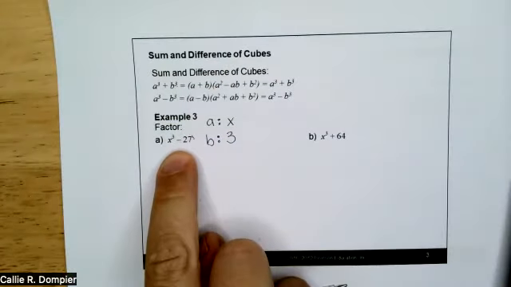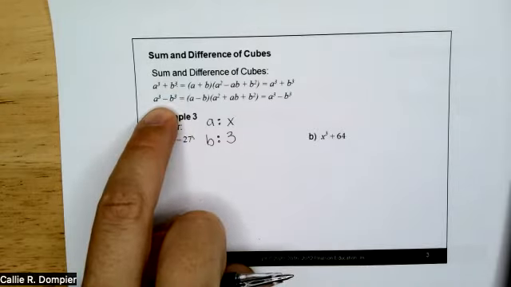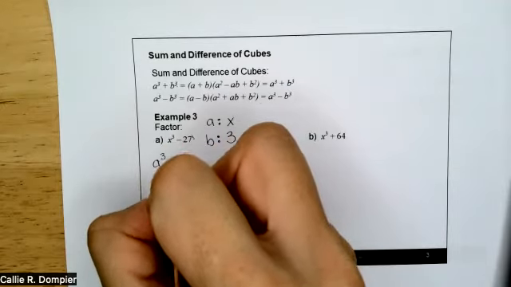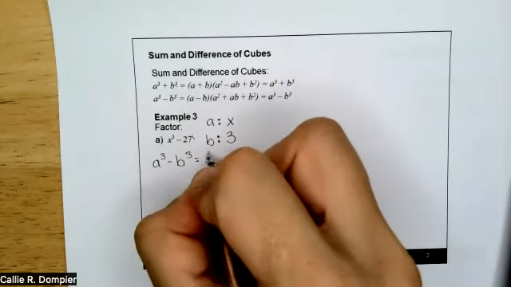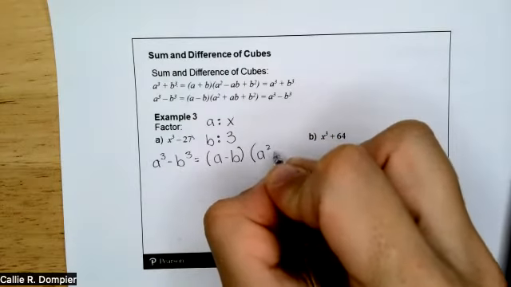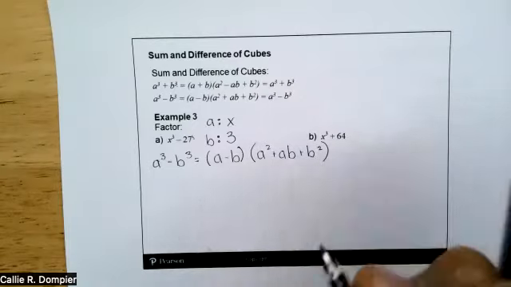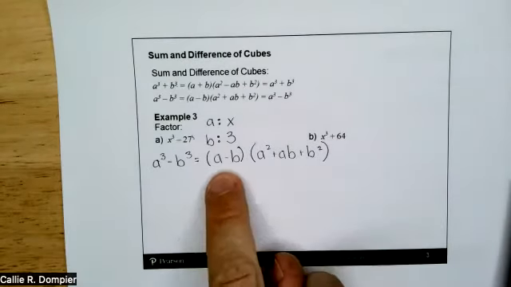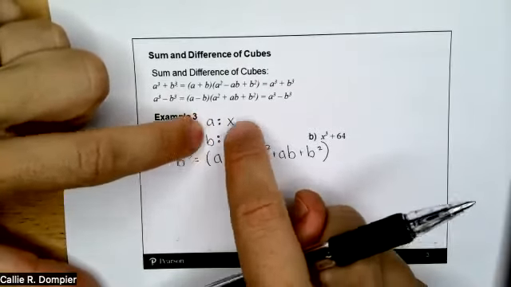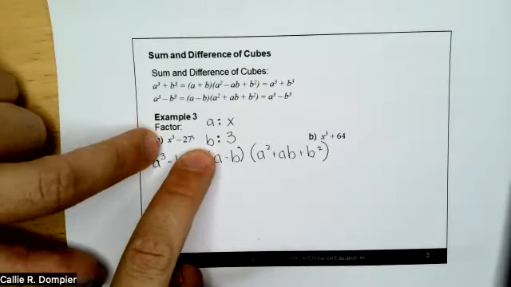And remember, it's not negative 27, it's just 27. And then you use the model with the minus sign in it. a cubed minus b cubed equals a minus b times a squared plus ab plus b squared. I like to write this all out, and I like to write out a and what a and b are, because if I don't, I'll just start writing these as a and b and make a mistake.